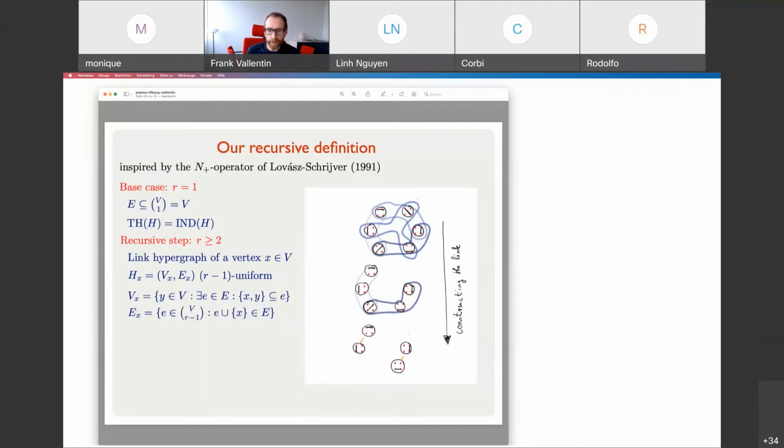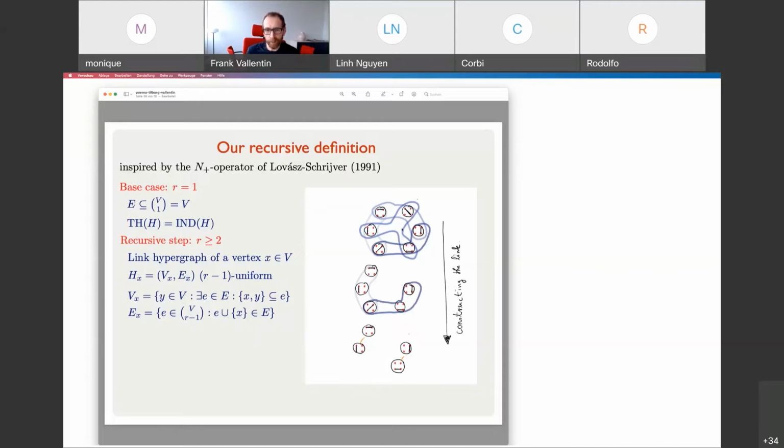And then I connect the vertices, like this one with this one, because if I add the original vertex X to it, then I get a hyperedge.